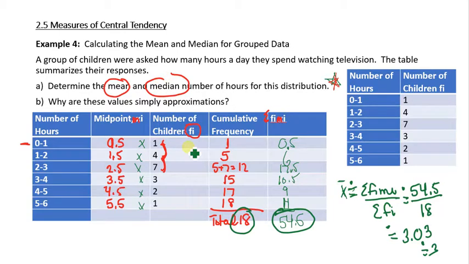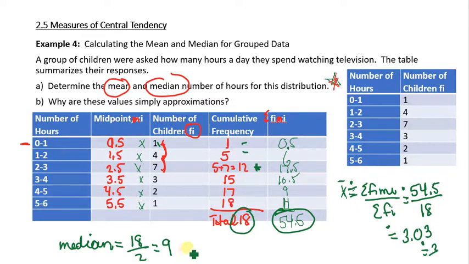And next, median. When we're calculating the median, we have a total of 18 children. If we divide that by 2, we're going 9 values in from each side. So this is 1 value plus 4 is 5 values. The 9th value falls here.